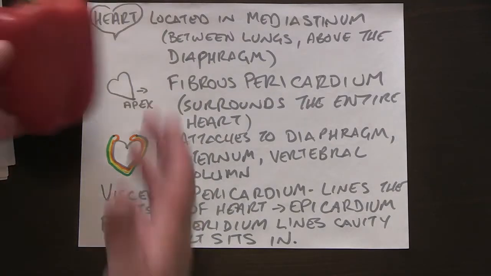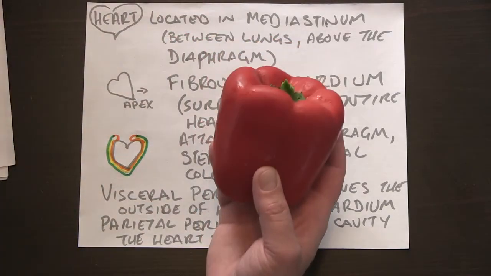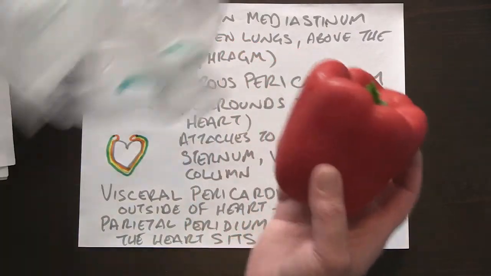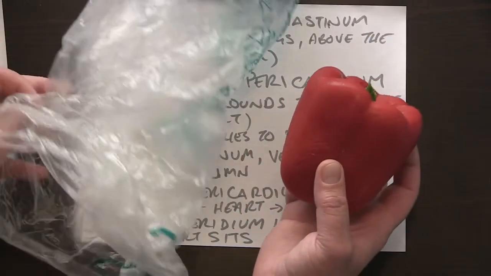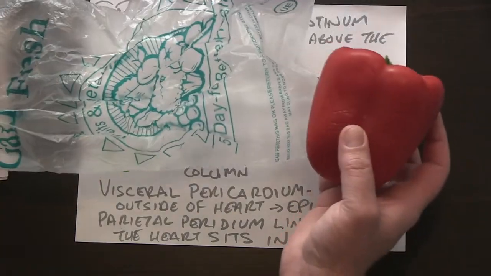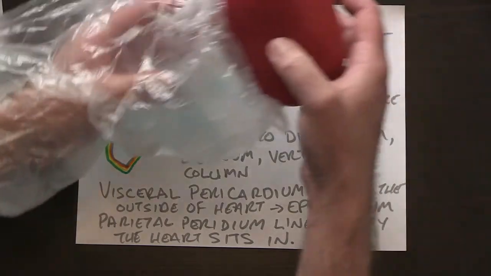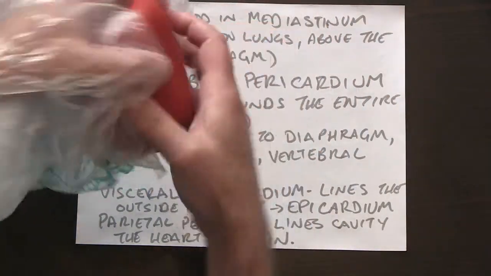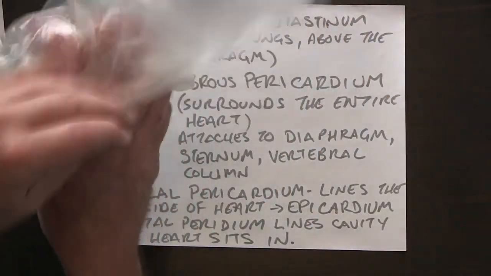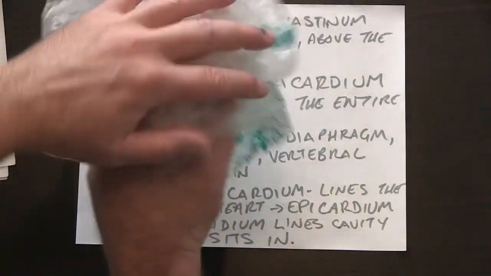So here's our heart for this demo. Here, this is a vegetable bag. Here are the visceral and parietal pericardium. What we're going to do is push this in to here. Okay.